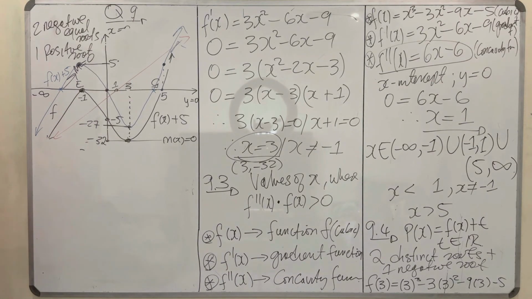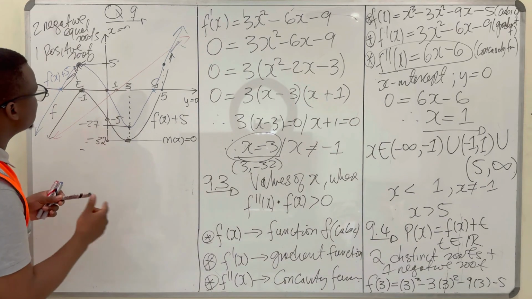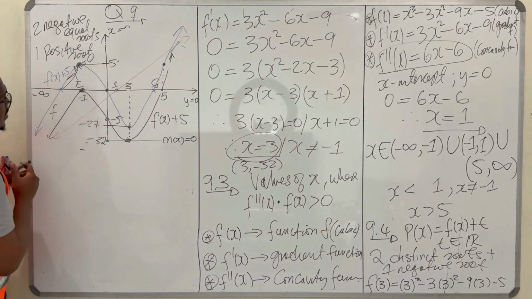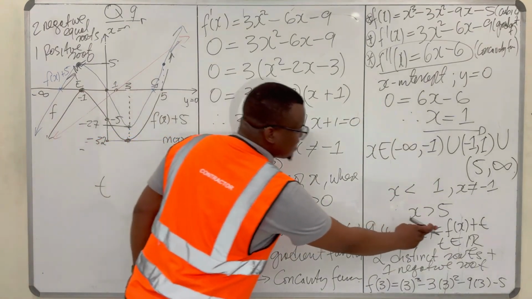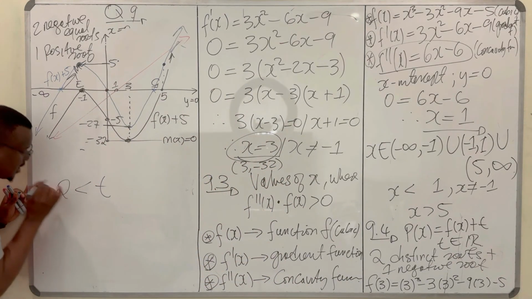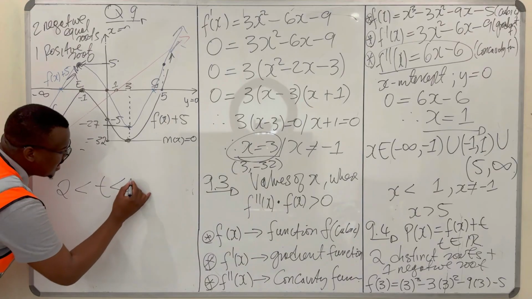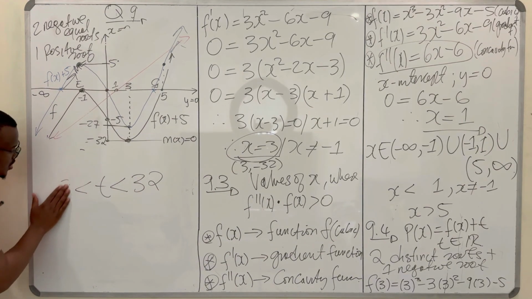So, if you want two positive distinct roots, this function should shift more than 5 units upwards. So your t, which is the value by which you are translating this function upwards, should be greater than 5 units.